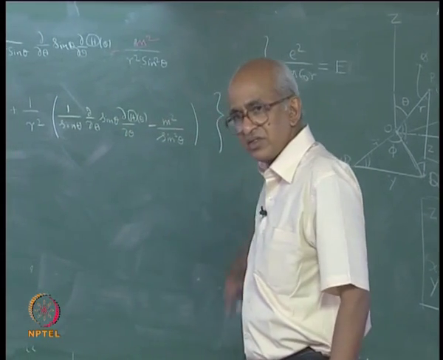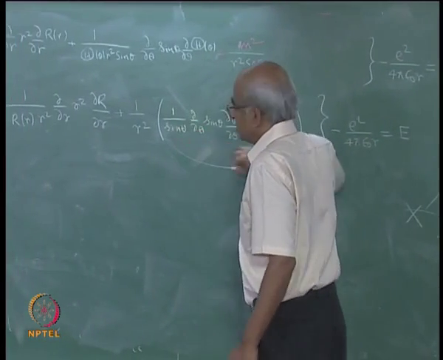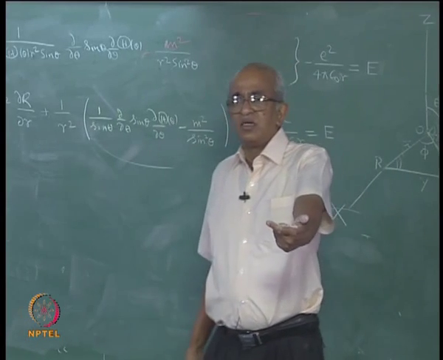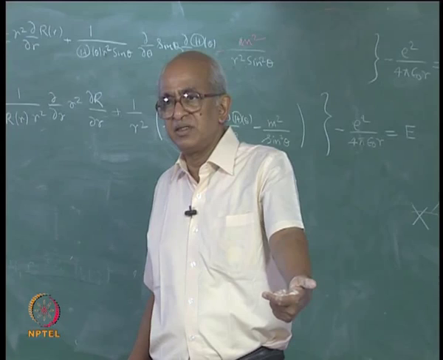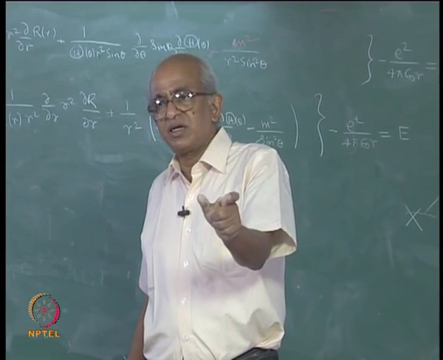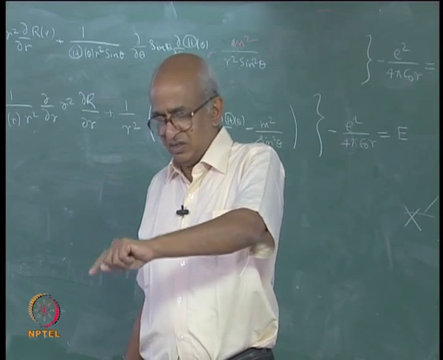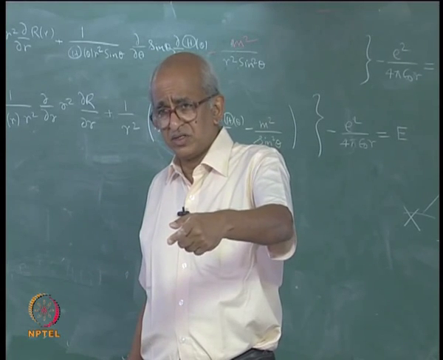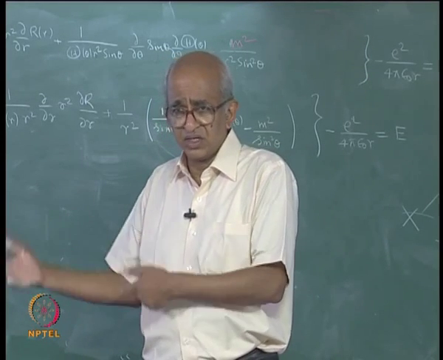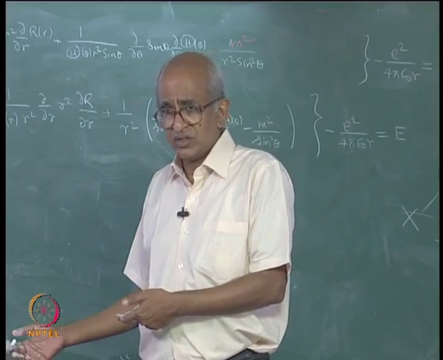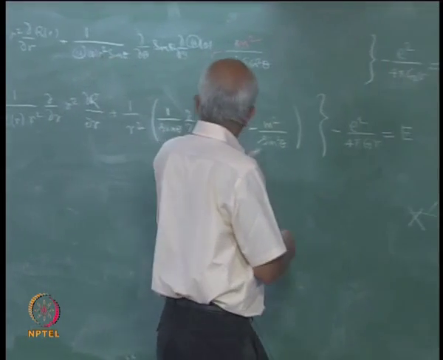You can rearrange it in such a fashion that only this term is left on the left hand side, and then you will say that a function of theta is equal to some function of r. Theta and r are both independent variables. So, in the spirit of method of separation of variables, you will have to say that both of them are equal to a constant. So, that specifically implies that this must be equal to a constant.